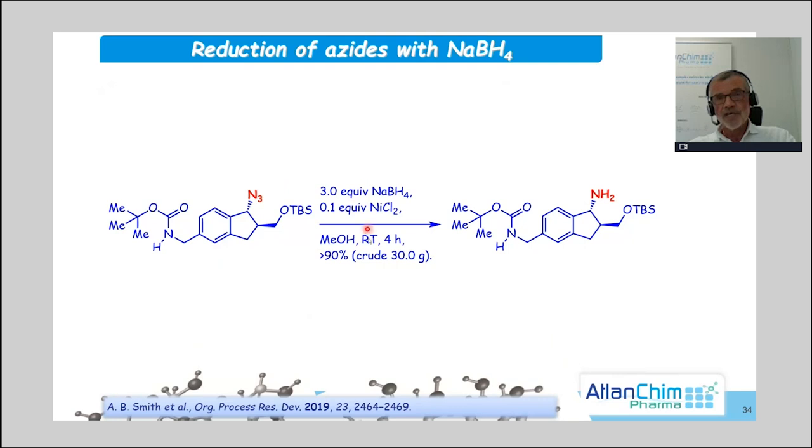This reaction was complete within 4 hours in the presence of 10 mole% of nickel chloride and 3 equivalents of sodium borohydride in methanol at room temperature to give the desired amine here in excellent yield on 30-gram scale.